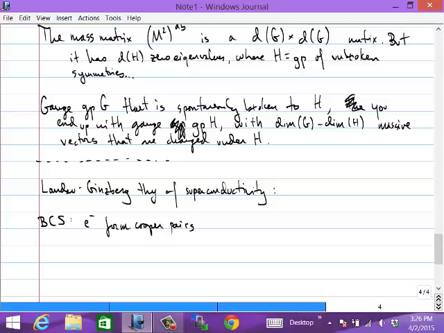And these pairs form because of some strong interactions between the electrons, because of some strongly coupled dynamics that we may or may not understand very well. But the point is that these electrons, which were fermions that had spin 1/2, once they pair up, can become scalar bosons. But because they have charge, they're now charged scalar fields, which we will denote phi.